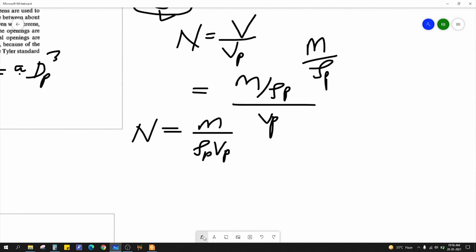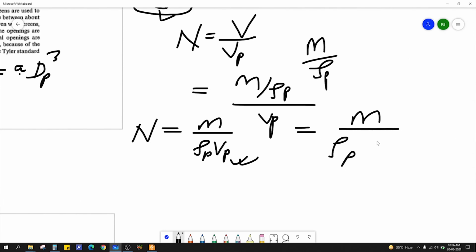Now instead of Vp, I can write Vp in terms of the volume shape factor. That is N equals m by rho p, and Vp is a times the particle diameter cubed. This is the total mass of the sample.